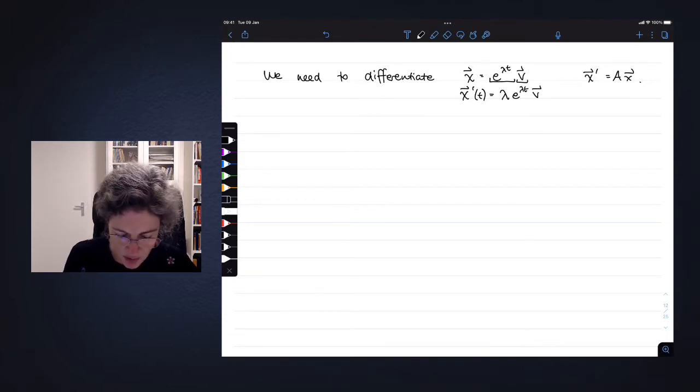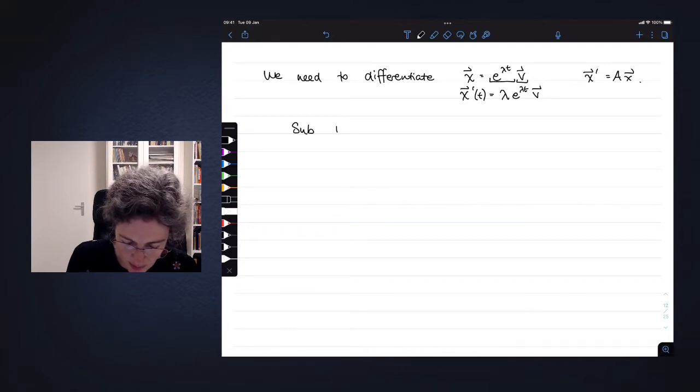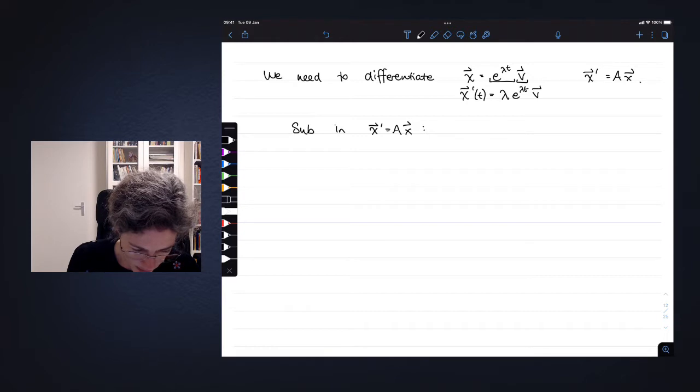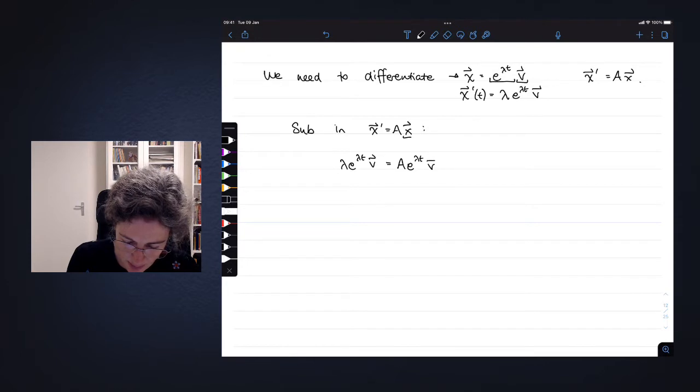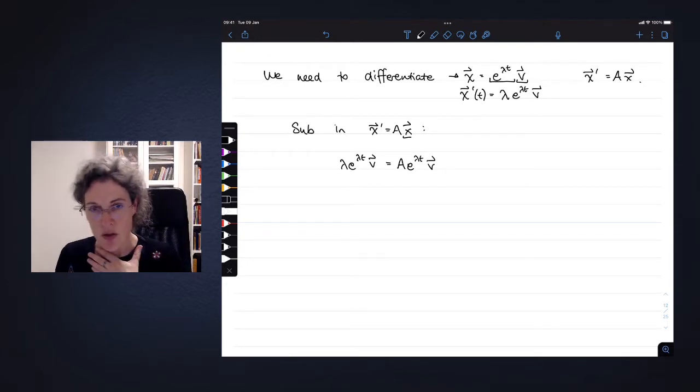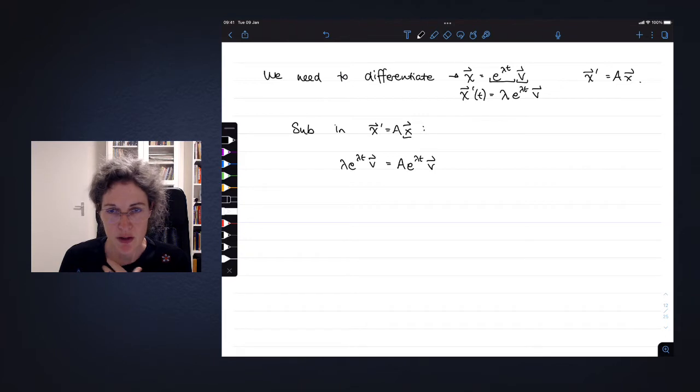Okay, so let's sub this into the dE that we want to find the solution to. So we've got lambda e to the lambda t times v must be equal to A times x, and this is our x over here, A e to the lambda t times v. So this should look sort of hauntingly familiar, except that we've got some vectors in here, but other than that we've got the same situation that we had before.